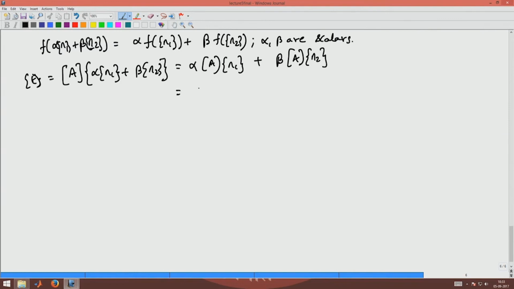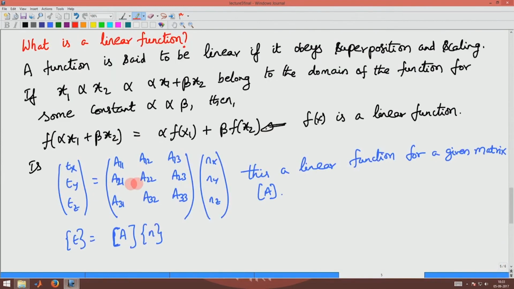So, this is nothing but alpha times f of n1 plus beta times f of n2. Okay. What we found is this to be a linear function.